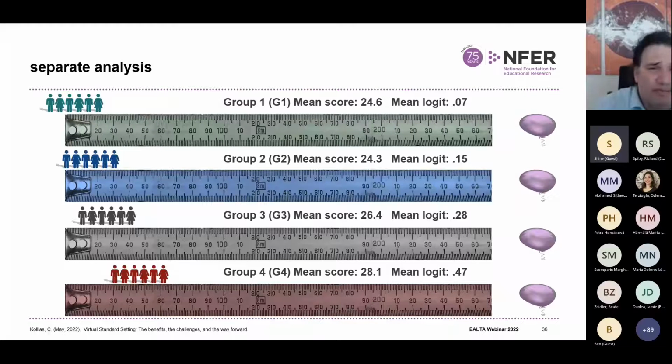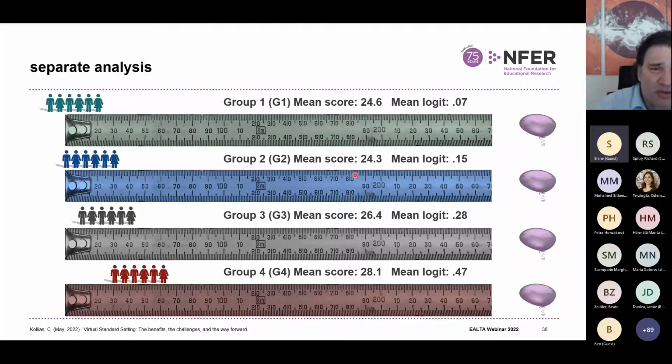However, I had a problem. My problem was that separate analysis will result in separate scales. For example, if you look at group 1, and let's have a look. Group 1 had a mean score of 24.6 out of 45, and their virtual cut score in logits was 0.07.